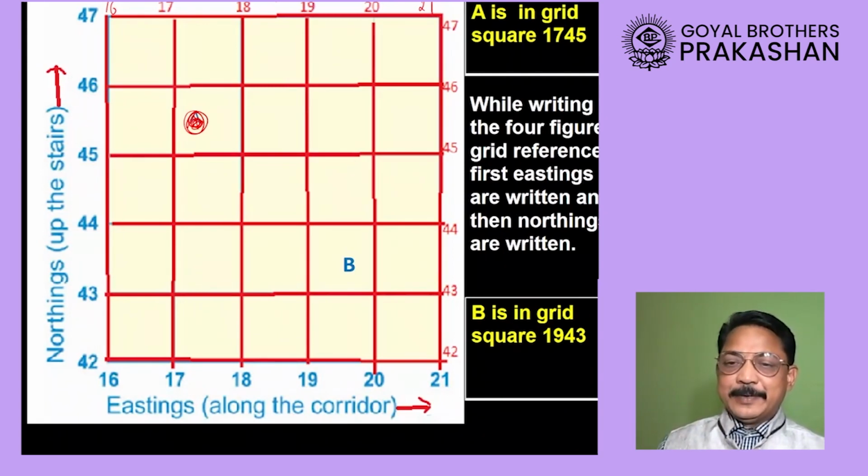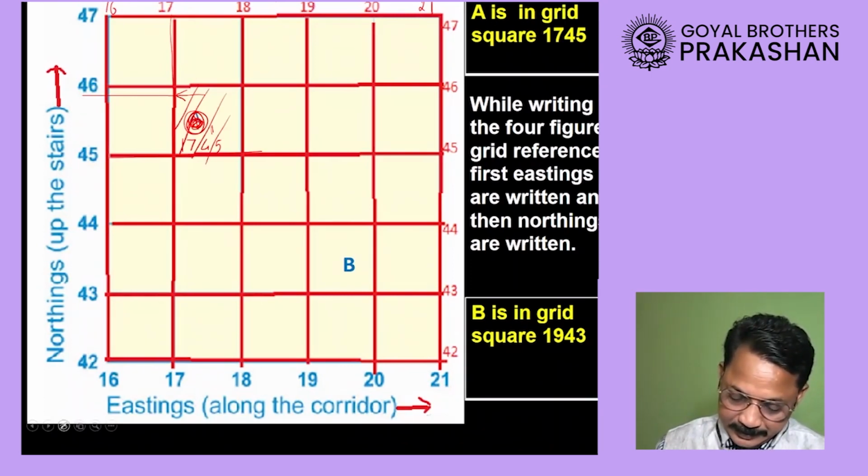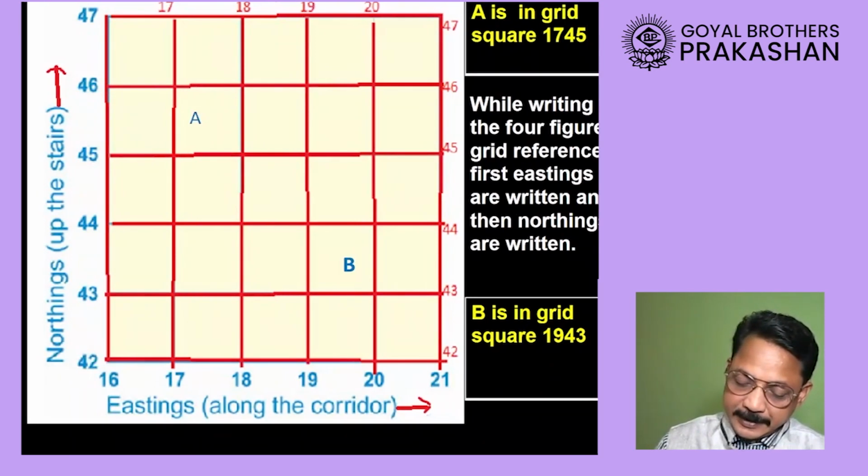Please remember, we will write down which number is to the left side of A immediately. The number here is 17, so I will write down 17. Which number is immediately below this A? Here the number is 45. So that means A is present in a grid. I repeat, A is present here.